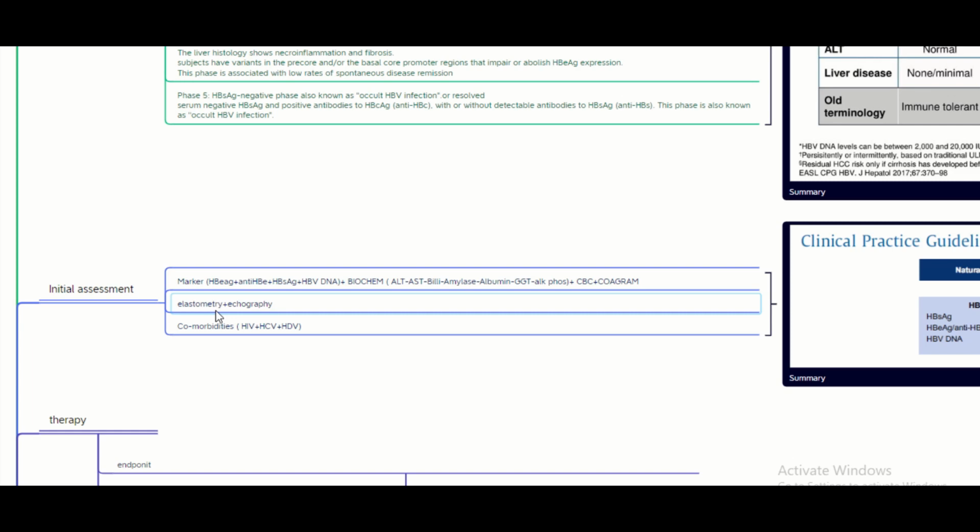We can check if the patient has gone into cirrhosis, and it's important to know which later stage we will go into. And of course, we will check for comorbidities, especially for people at risk like HIV, HCV, and HDV. This should be done for all our patients.